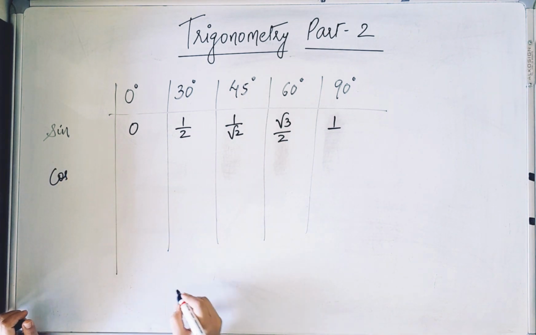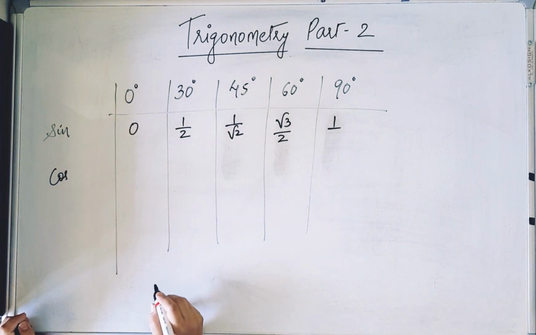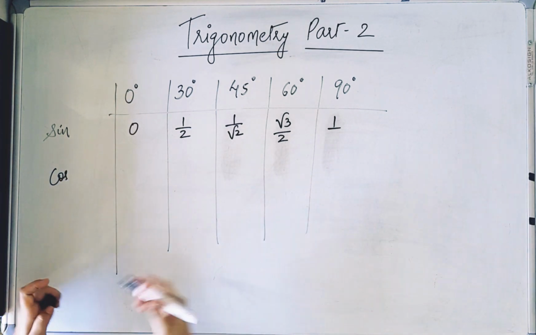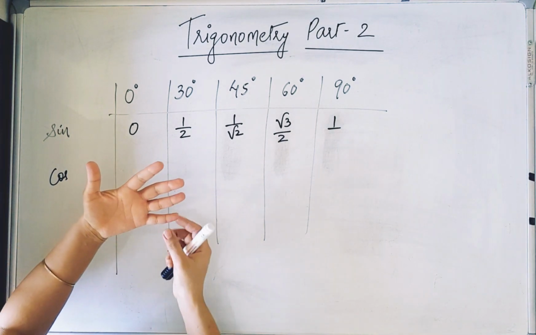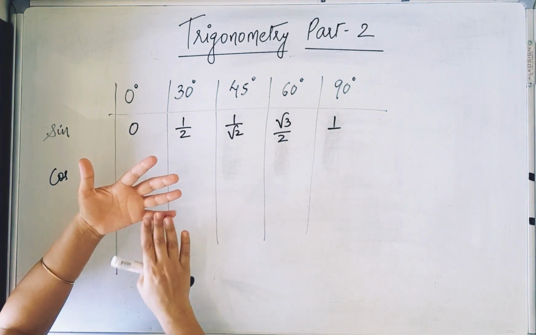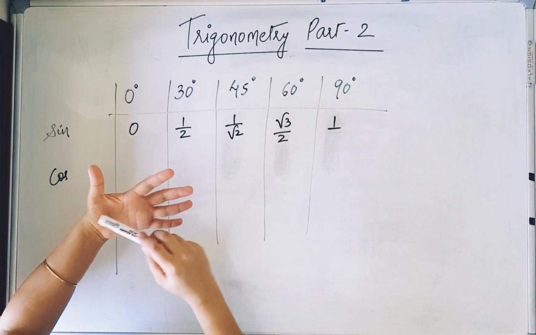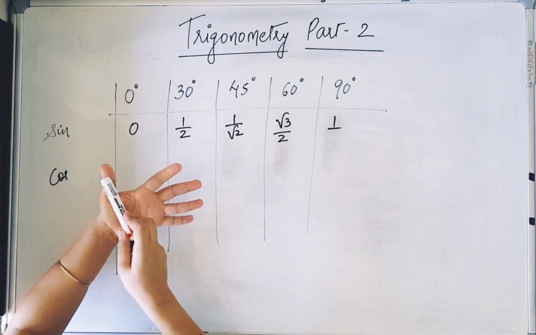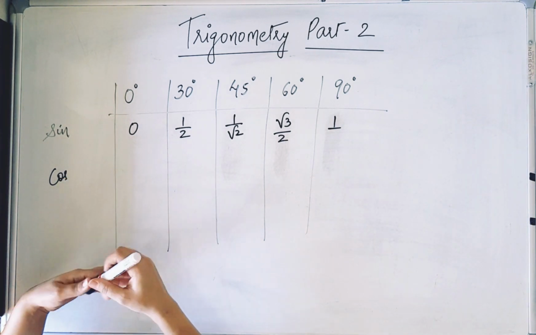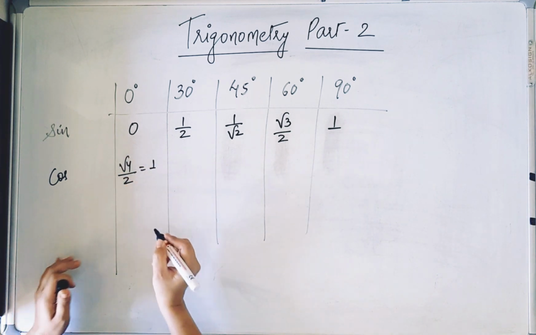Now in a similar way we will find the values of cos. So cos 0 is what? For sine we were looking at the fingers below; for cos, this is 0, this is 30, this is 45, this is 60 and this is 90. For cos 0, how many fingers are above? 4. So square root of 4 by 2, thus the answer is 1.